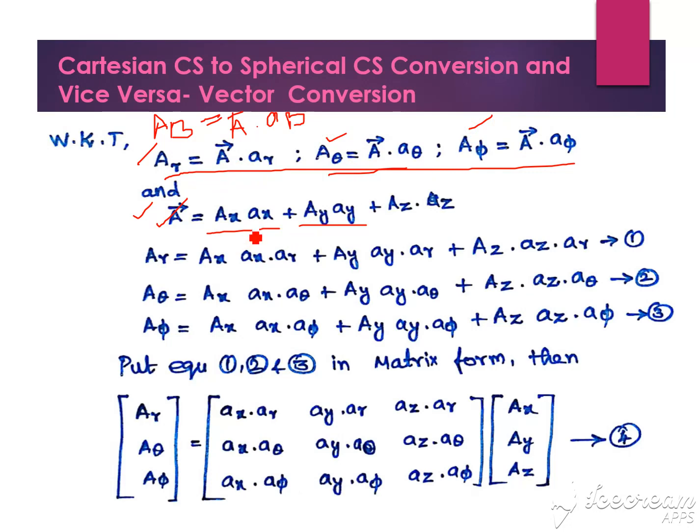While substituting and expanding, we get three equations, equation 1, 2 and 3. Now we rearrange these three equations in matrix form. Then we get AR, A theta, A phi is equal to the coefficient matrix times AX, AY, AZ. This can be marked as equation number 4.